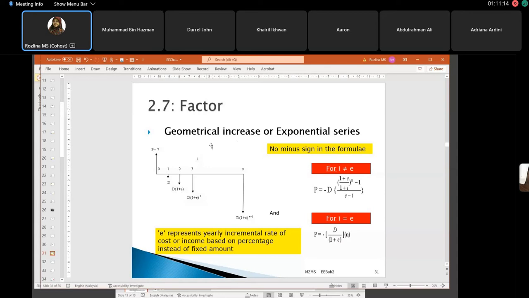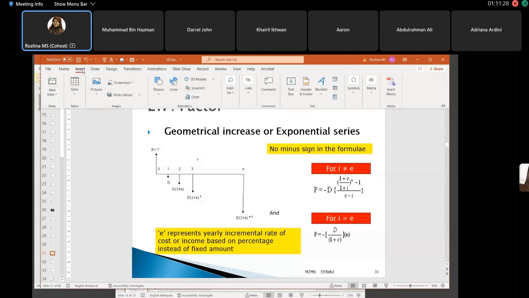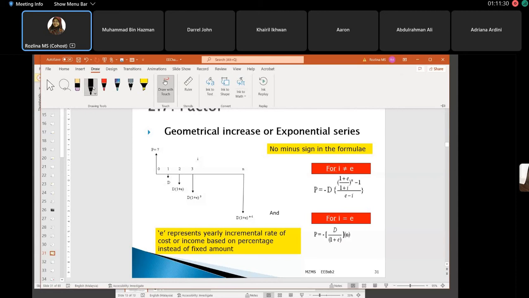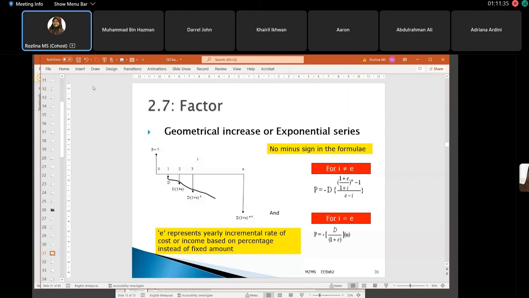So we will use this formula, geometrical increase or exponential series. So its shape, if we look, it is like an exponential shape.